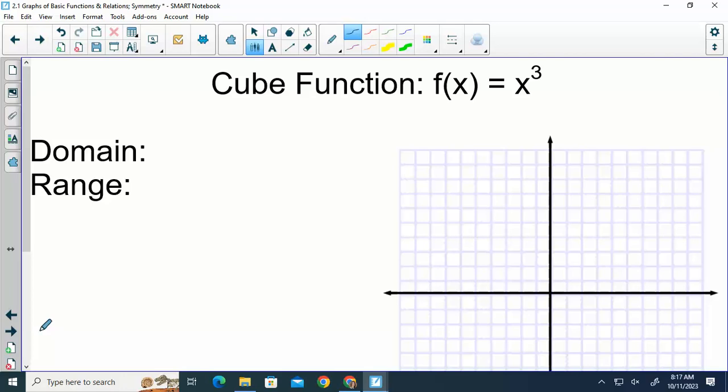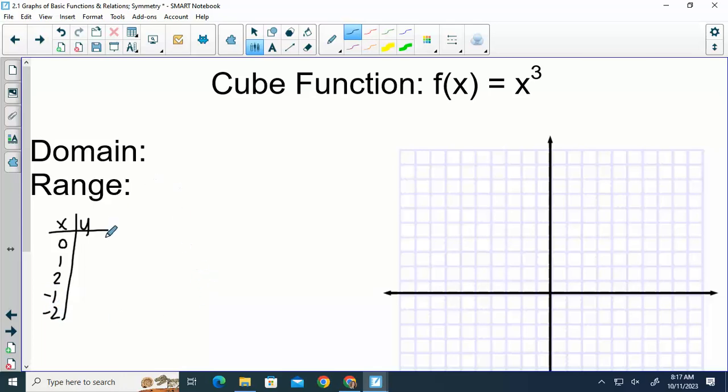So if we aren't for sure, and you know I'm going to ask for a minimum of 3 exact points, what should we do? T-chart. Make a T-chart. All right, so if we do that, we can plug in some positives, some negatives, and 0. Let's do 0, 1, 2, negative 1, negative 2.